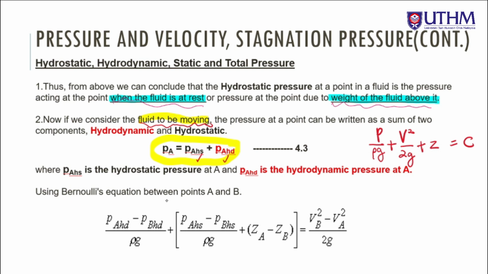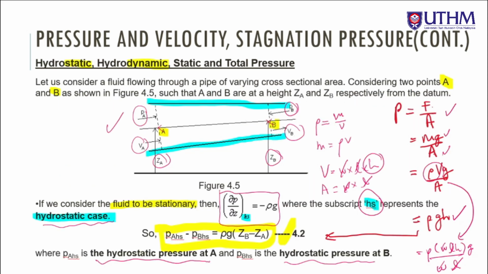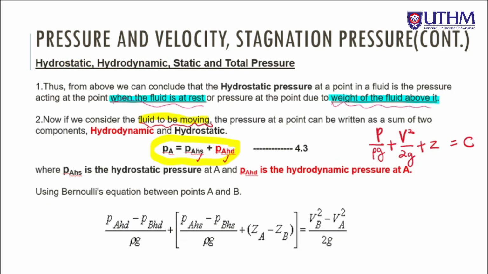Okay, so by using the Bernoulli equation between points A and point B, so kita nak consider macam actually case ni lah, kita take this case, but this time around the fluid is moving. So apa kita kena buat adalah kita kena guna Bernoulli equation.